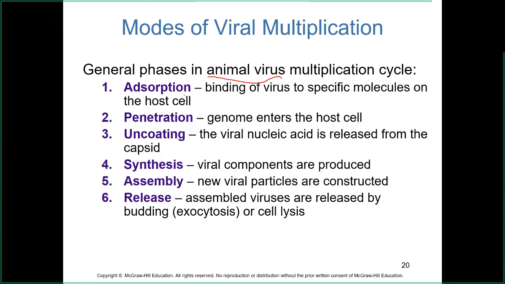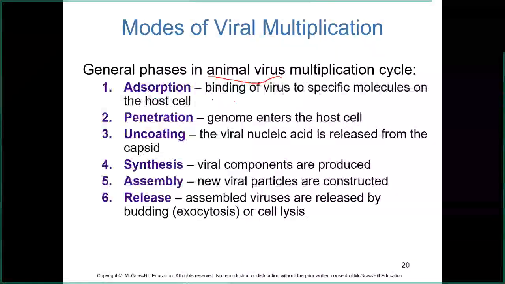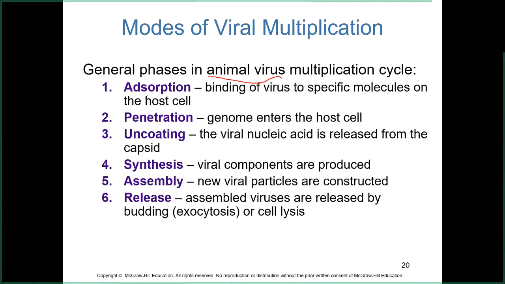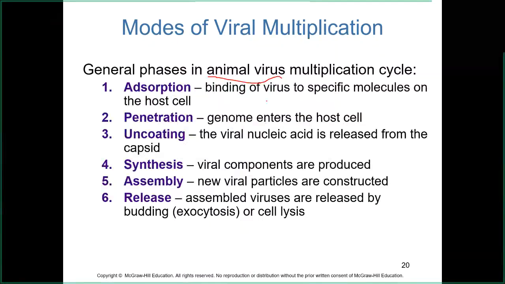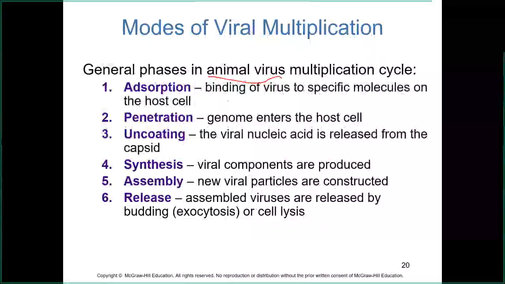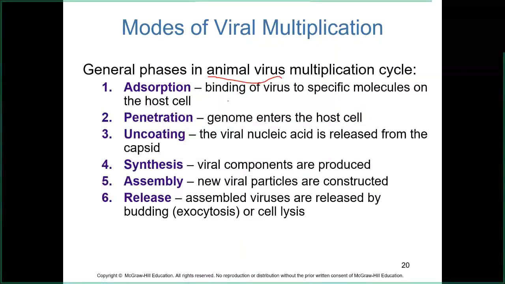Anyway, these are the steps that are typical in an animal type of virus, something that would infect animals. Adsorption is basically binding to the host cell, using often spikes that are found in an envelope or on the outer portion of the capsid. Those molecules have a geometric fit with those that are found in receptors, say on the host cell membrane, the lock and key fit.